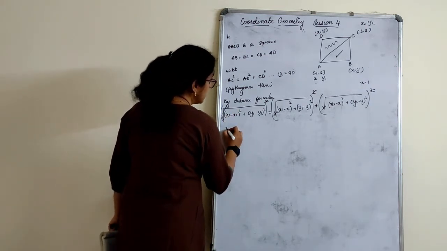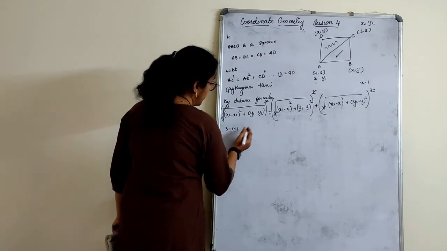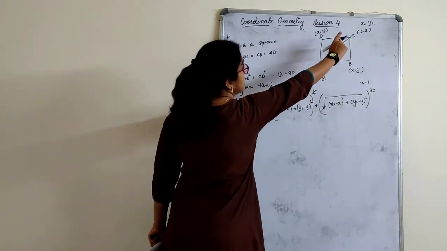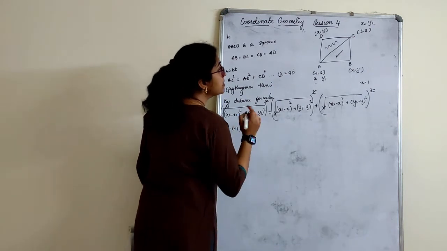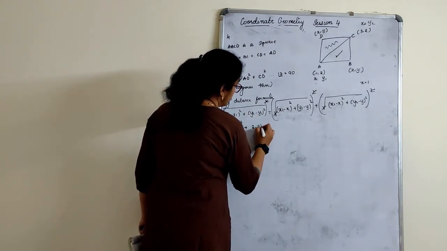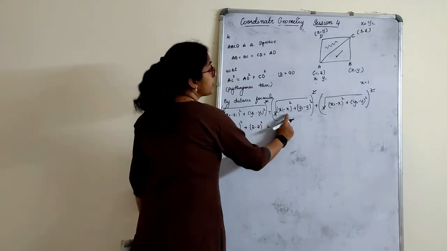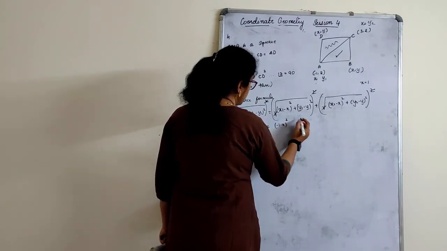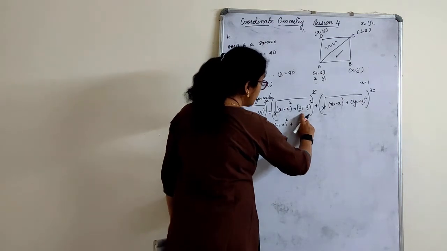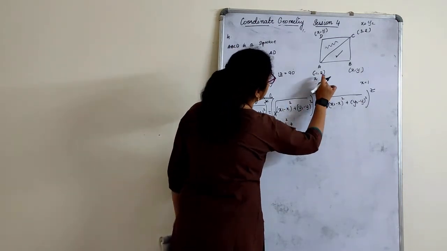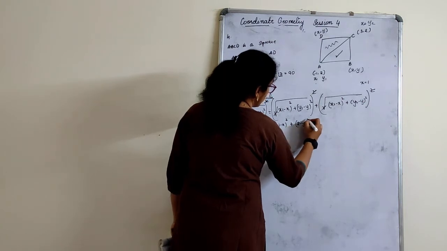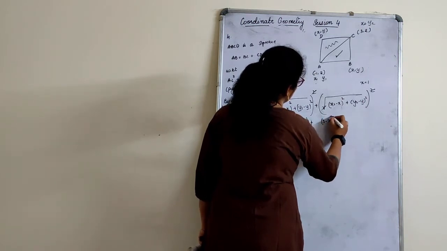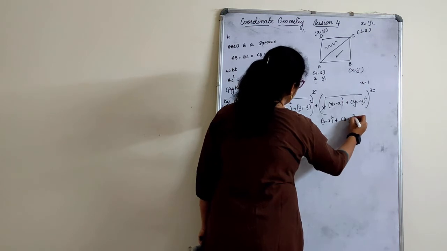x2 is 3 minus of minus 1 whole square plus y2 is 2 minus 2 whole square is equal to x1, that is minus 1 minus x whole square, plus here we have y1, 2 minus y whole square, plus x2, that is 3 minus x whole square plus 2 minus y whole square.